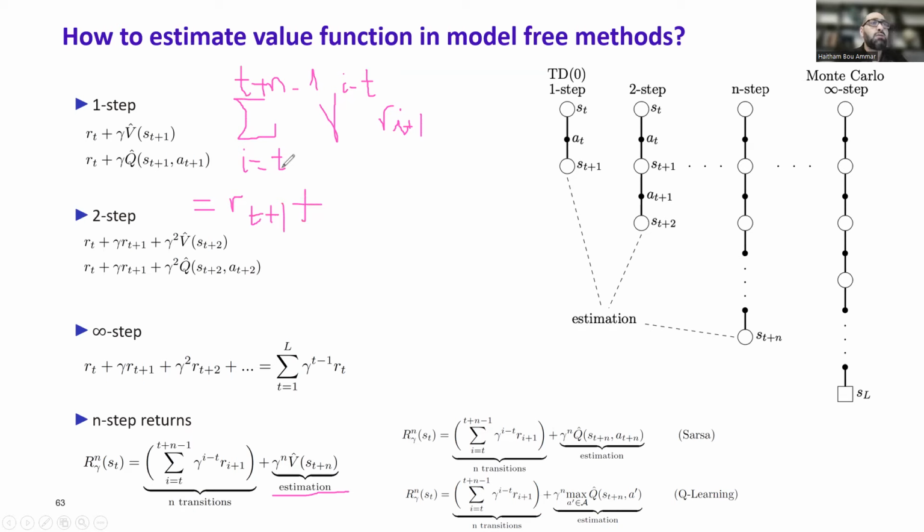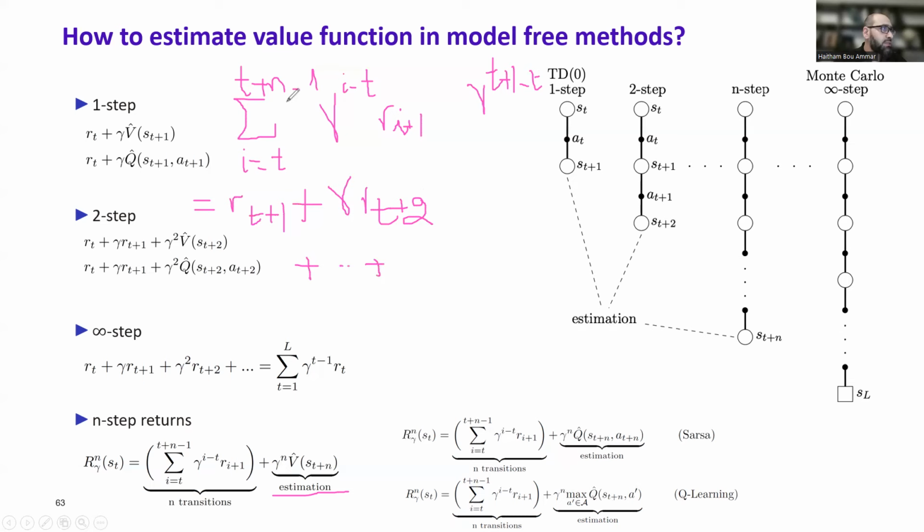Now when i is equal to t plus 1, you get t plus 1 minus t, so gamma to the power 1, and then R_{t+2}. And then dot, dot, dot.